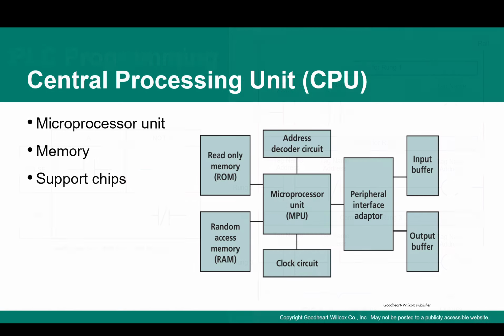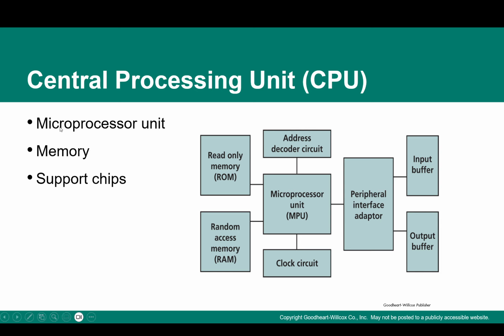So let's carry on. In a PLC, the CPU, or central processing unit, is the brain of the PLC, and this particular block diagram shows the main components inside the CPU.